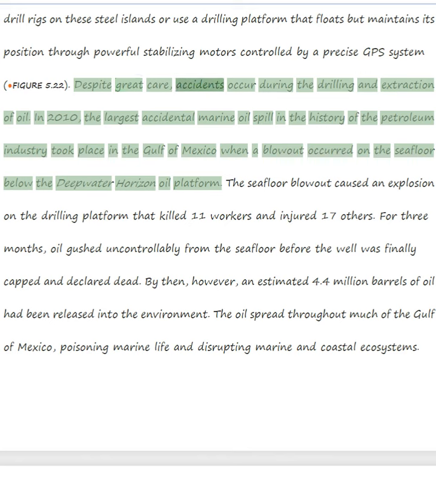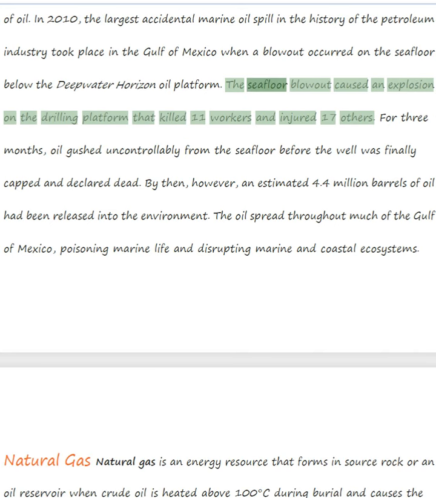Despite great care, accidents occur during the drilling and extraction of oil. In 2010, the largest accidental marine oil spill in the history of the petroleum industry took place in the Gulf of Mexico when a blowout occurred on the seafloor below the Deepwater Horizon oil platform. The seafloor blowout caused an explosion on the drilling platform that killed 11 workers and injured 17 others.